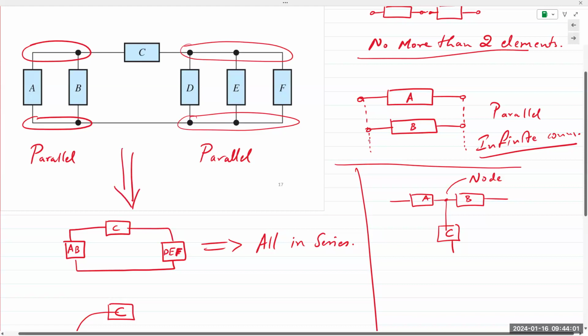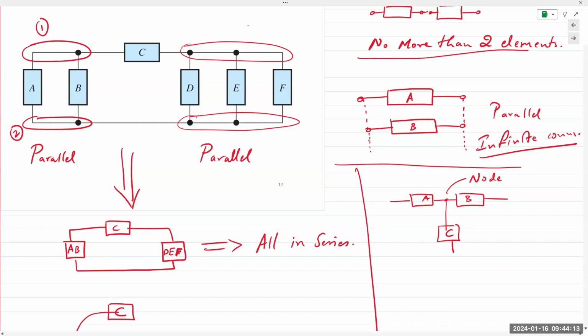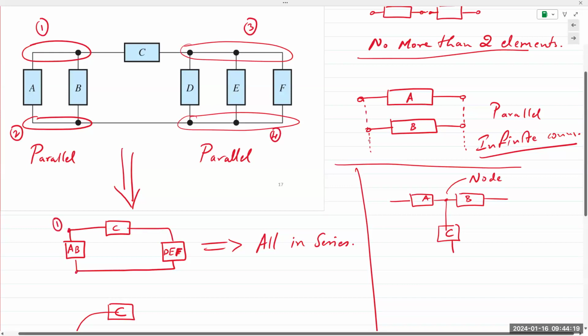We reduced A and B down to one single element. We reduced D, E, and F to one single element. Let's say this is 1, this is 2, this is 3, this is 4. Do not forget the terminals where you have connected them to the main circuit.